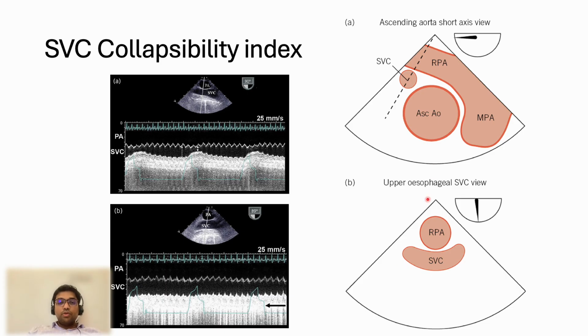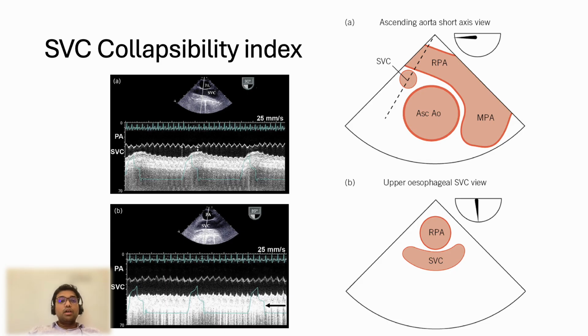You will put an M mode on your SVC, and then you'll get a waveform like this with the respiration. So you'll get a maximum SVC diameter and a minimum SVC diameter. The formula is SVC max minus SVC min divided by SVC max into 100.